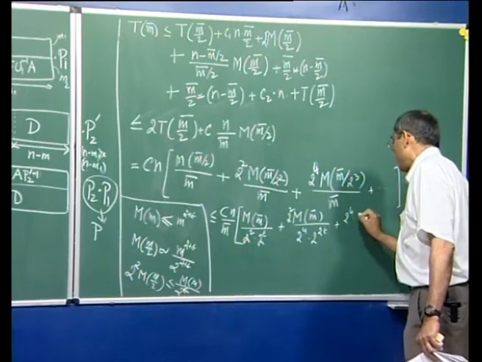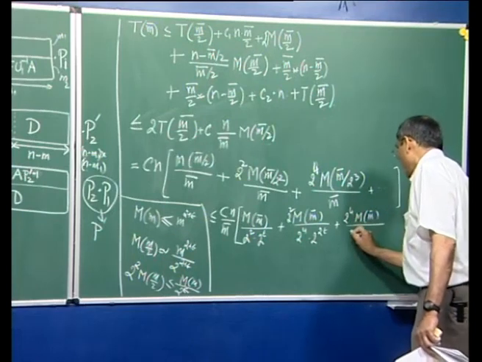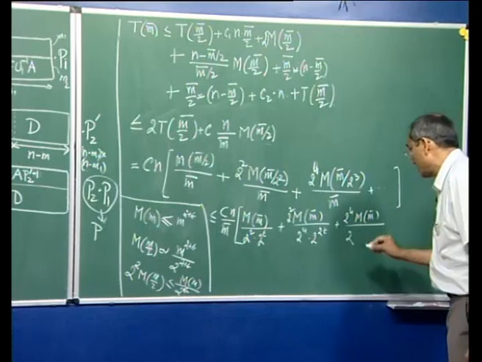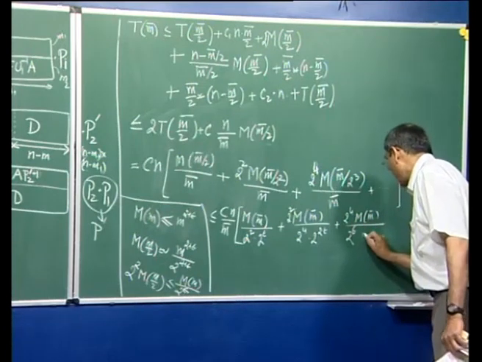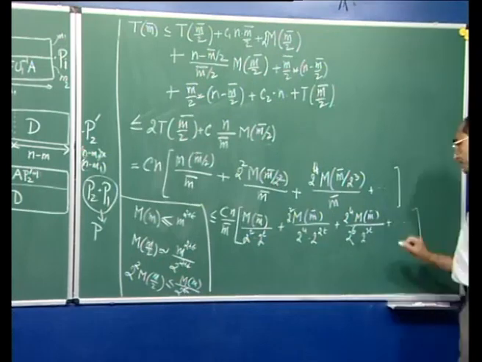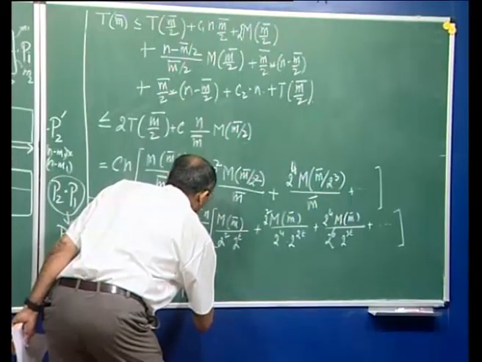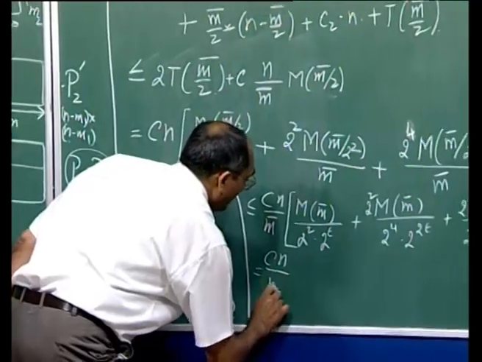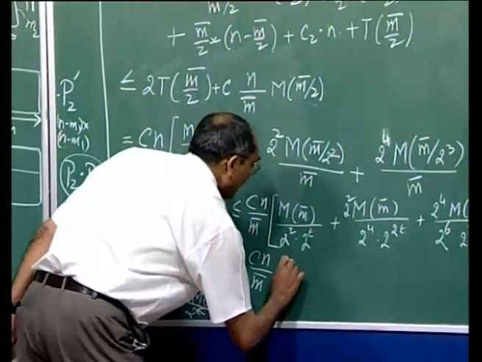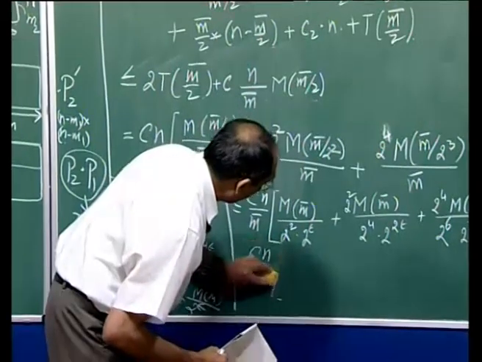Two power 4 m bar over 2 power 6, 2 power 3 epsilon. Now we combine these and get some constant times n over m bar, and we can take m bar out.